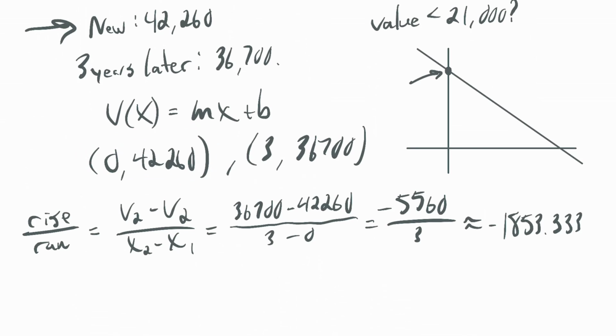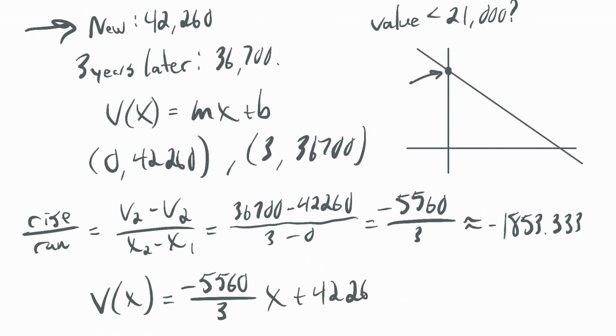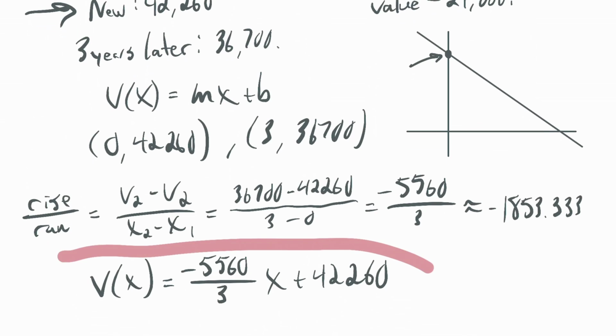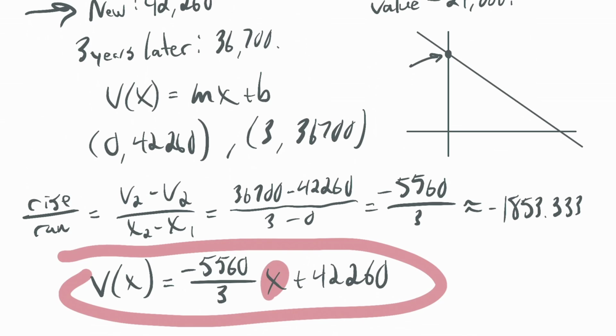So that y-intercept is 42,260. My function is going to be v of x equals negative 5560 over 3 times x plus 42,260. I don't want to use decimals here. I don't want to round anything yet. If I plug in 0 into this function, I'll have that fraction times 0, which is 0, plus 42,260, and that matches this data point.